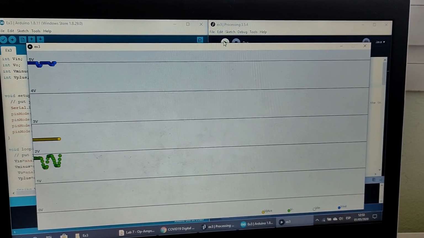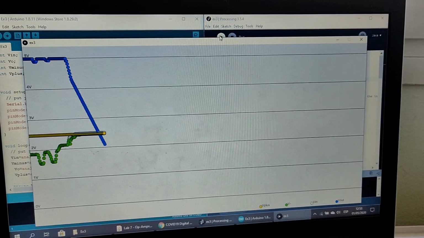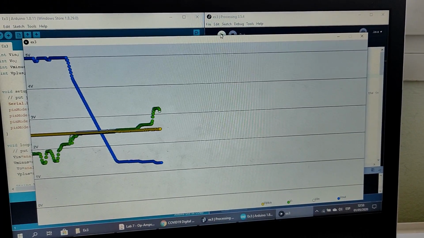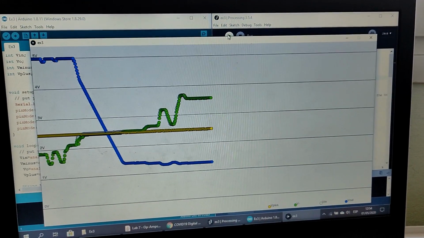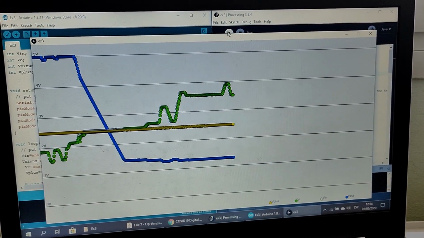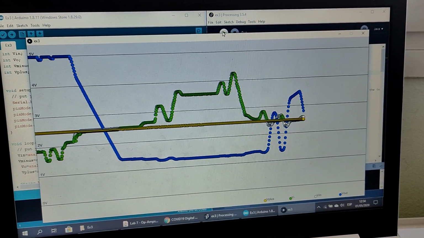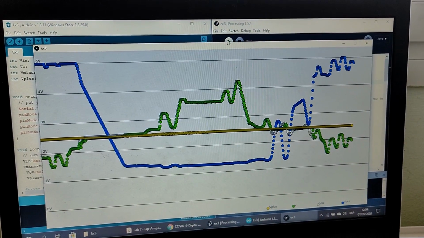Now if we come to the other side, we see that it will start inverting until it touches the bottom or the top, due to the 0 to 5 volts of the Arduino. So it would stay like that and wouldn't change, only until we are very close does it start changing. And if we do massive changes, it would increase until 5 volts.